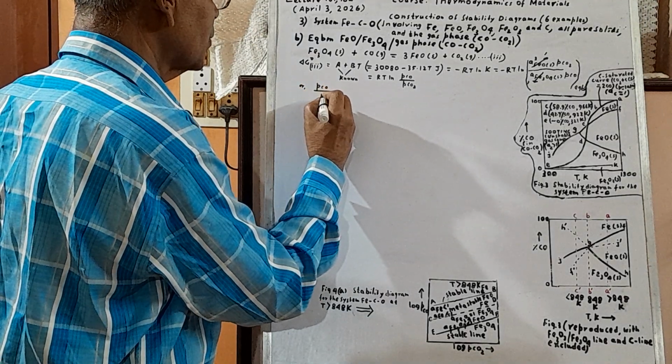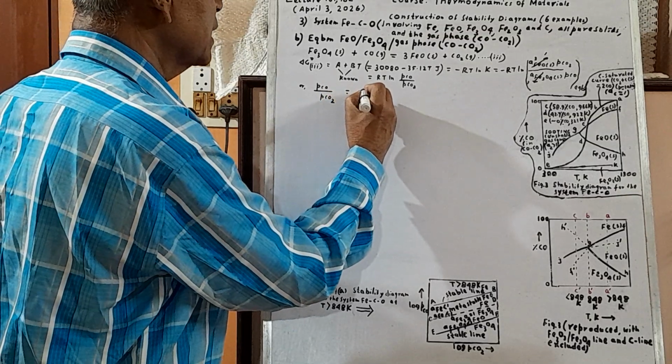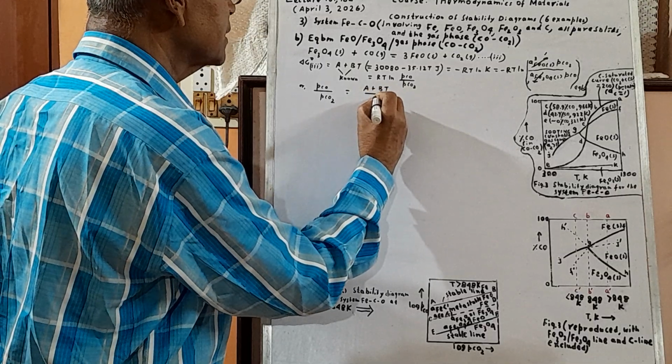PCO by PCO2 is what? Can you tell me what is PCO? It is nothing but exponential of A plus BT over RT.